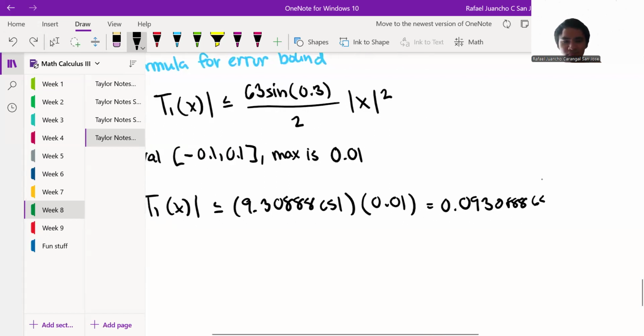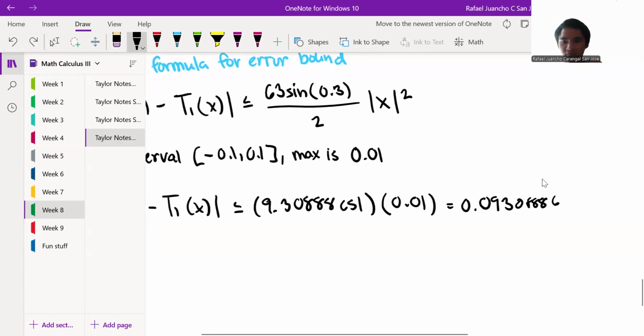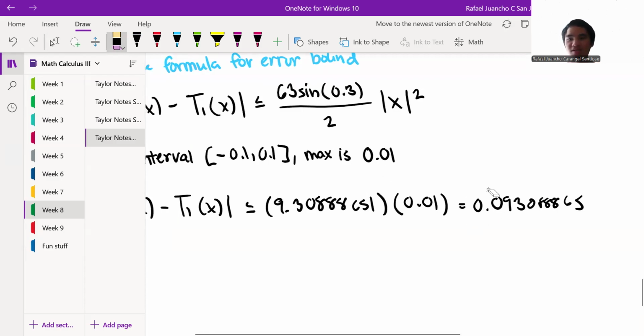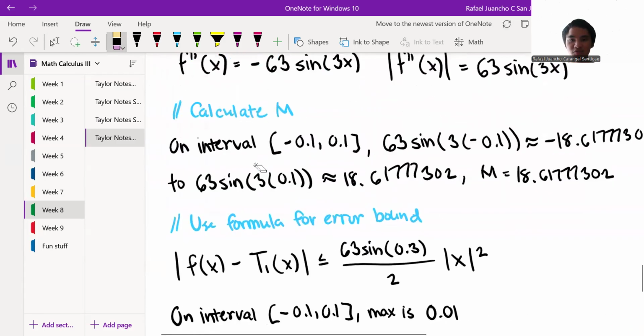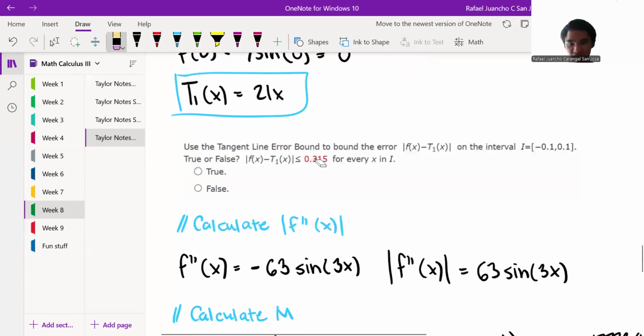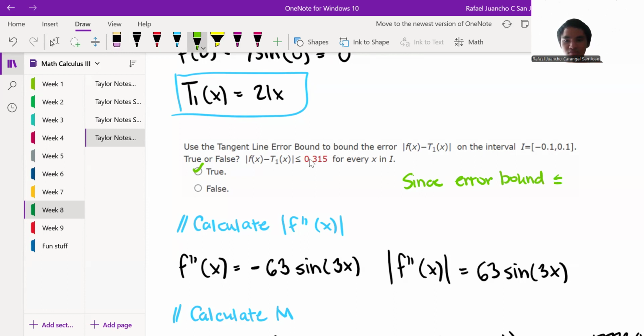Cool. Okay, I should stop. So the maximum error it could get is this. Now, is it true that we can have an error like this? Well, yes. So this is true, since the error bound is less than or equal to about 0.093. So for sure that's the maximum.